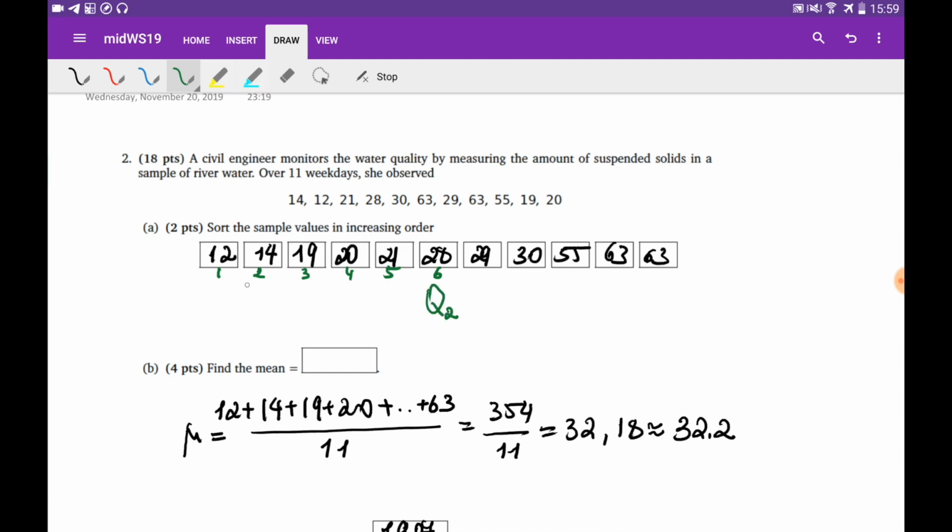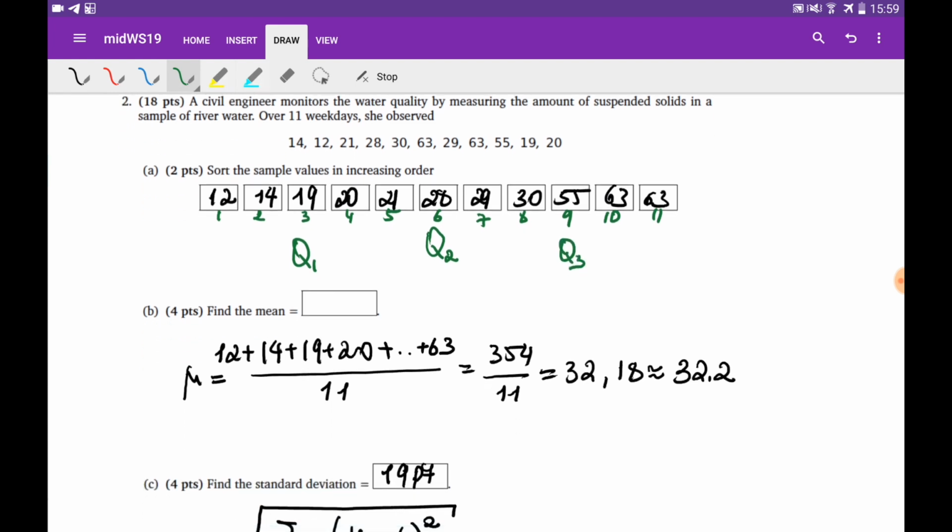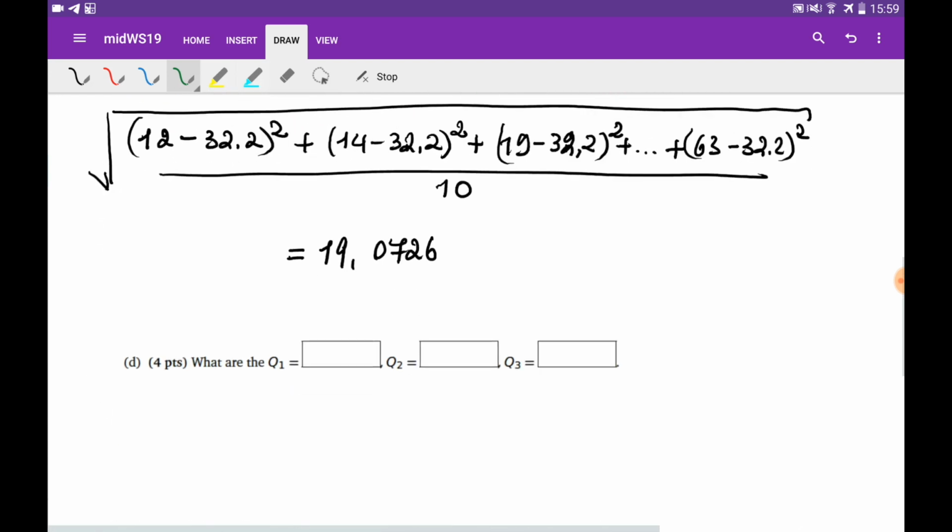The median of the first part is going to be the middle of this 7, 8, 9, 10, 11. So the median of this part is going to be this number, Q1. And the median of this part is going to be this number, Q3. So Q1 is equal to 19, Q2 is equal to 28, Q3 is equal to 55.